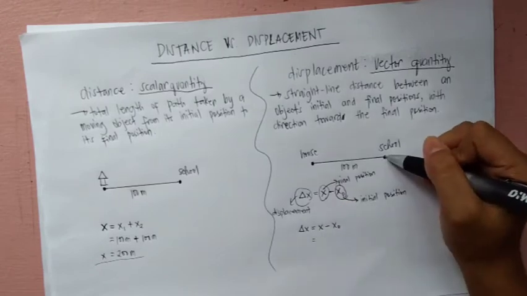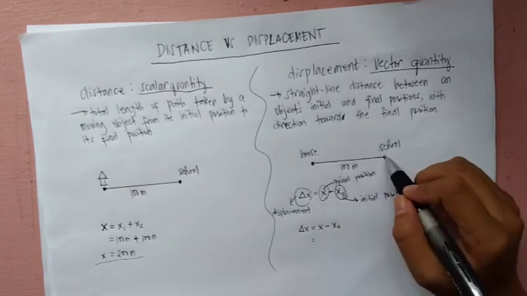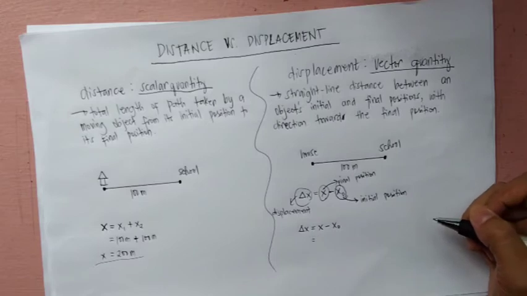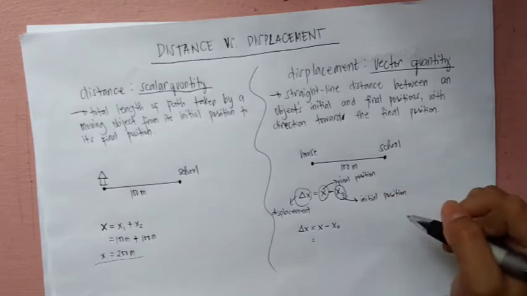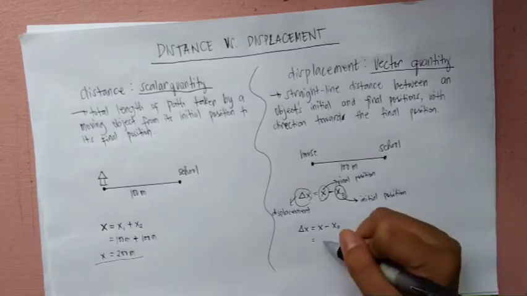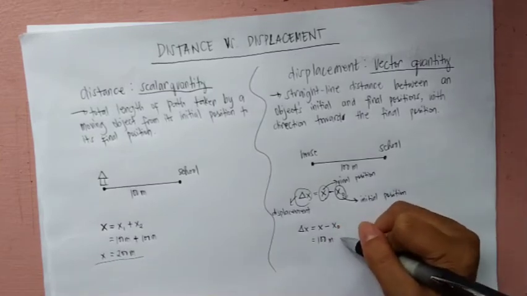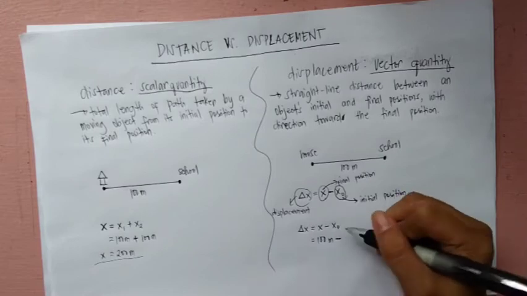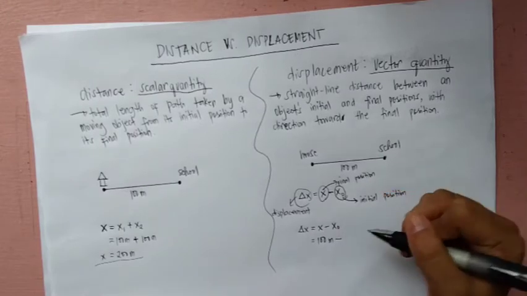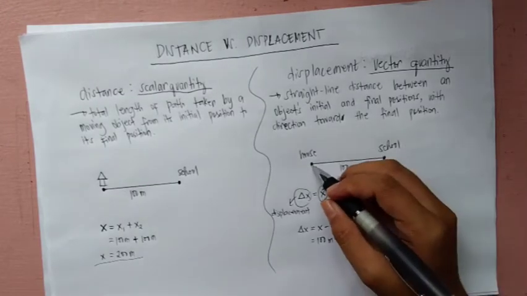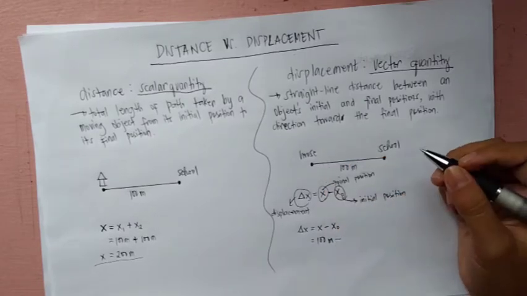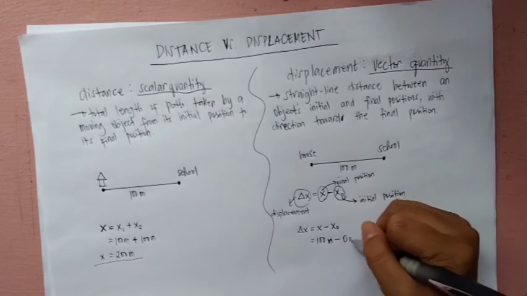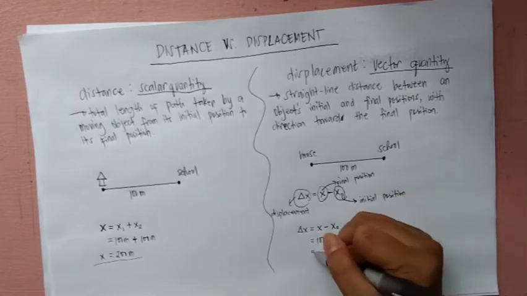The school is the final position. From the initial to final, you have 100 meters. In the first case, he has not yet gone back home, so our final position is 100 meters and our initial position is 0, since it is the starting point.